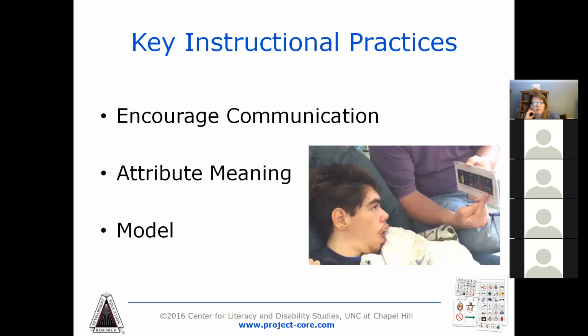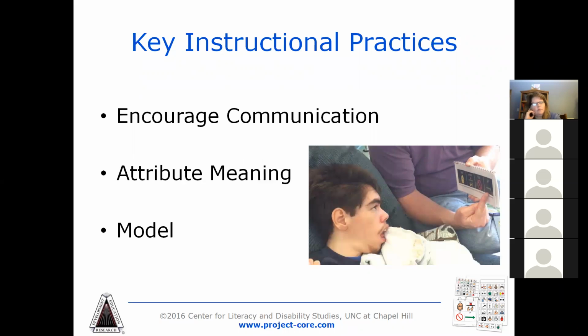Just encouraging communication, again, this idea of repeated opportunities for our students to use their core boards or devices, using core vocabulary to communicate through this reading that's shared with the teacher. Attributing meaning, we've talked a lot about that.